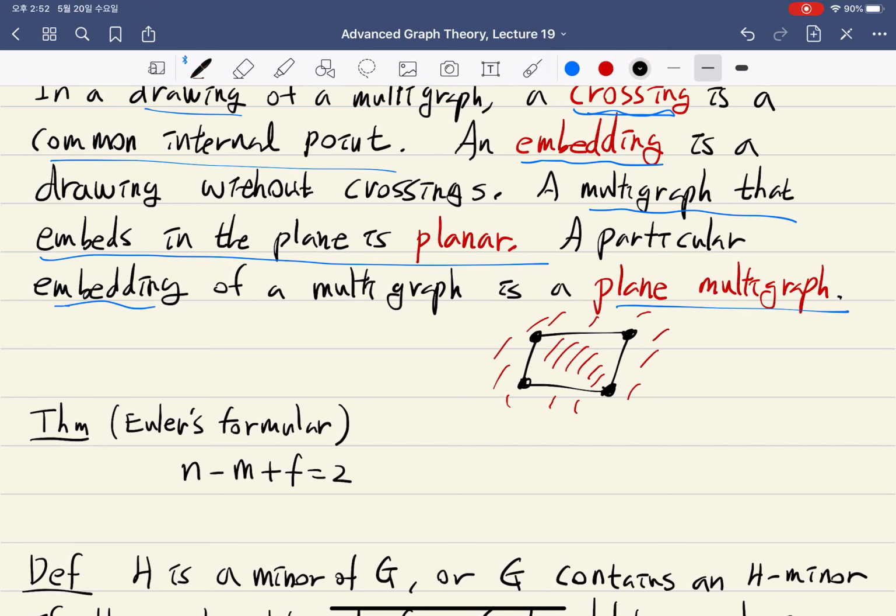Those maximal connected components are called faces. And we learned about the Jordan curve theorem, which says that any simple closed curve divides the plane into two faces, an inner face and an outer face.